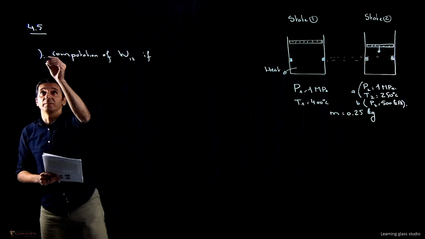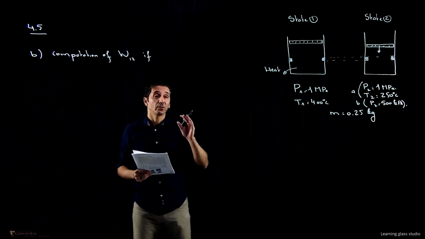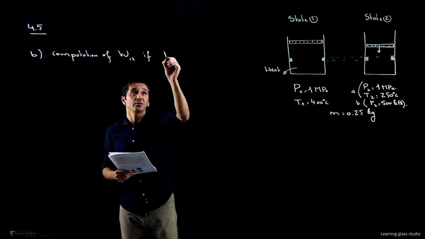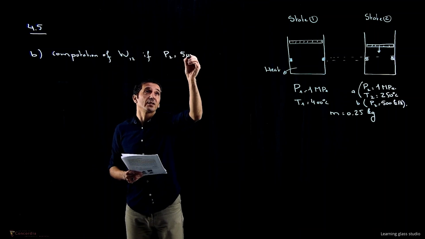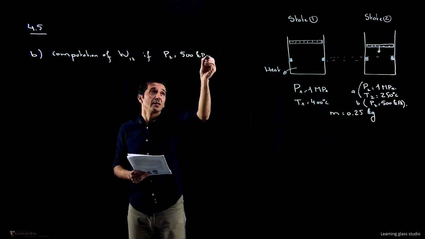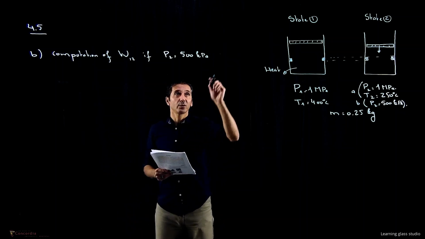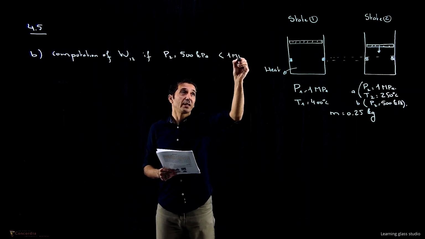In part B, we are told that we need to calculate the work, but if the pressure now P2 is equal to 500 kilopascals. This is critical information, okay? Because the 500 kilopascals is lower than our 1 megapascal, right?